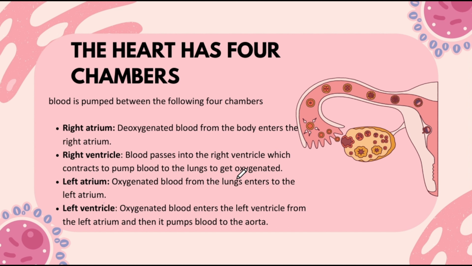Then it enters from the left atrium into the left ventricle. Then it pumps blood to the aorta. Just make sure that the aorta pumps blood to all parts of the body which need oxygenated blood.